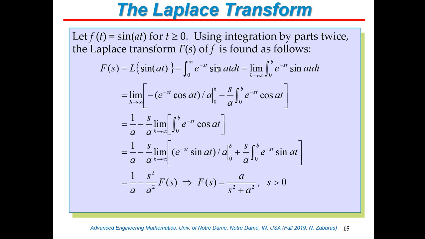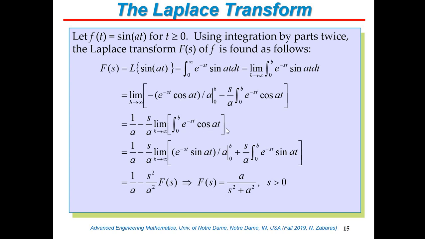So you have sine of at, and so what basically I can do, I can write the sine of at as minus the derivative of cos of at divided by a, and use integration by parts, and of course take the limits as b goes to infinity. So you can immediately see that e to the minus sb for s positive will drop out, and you will get 1 over a from this integral.